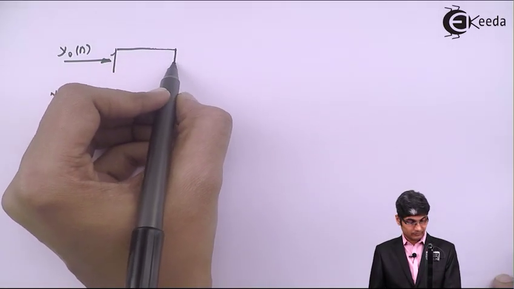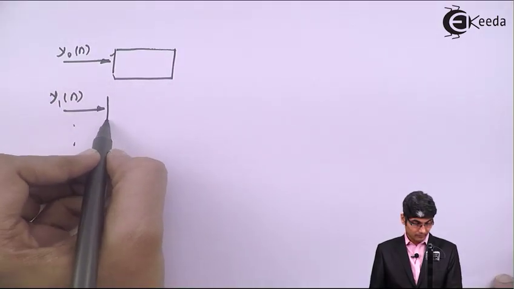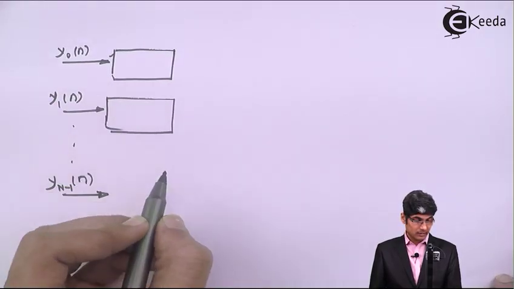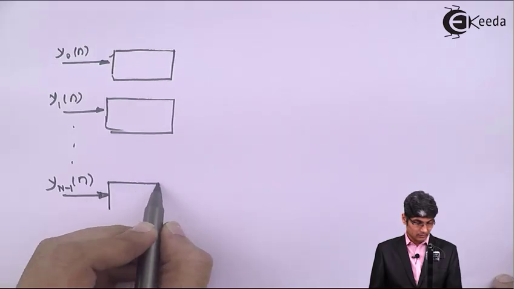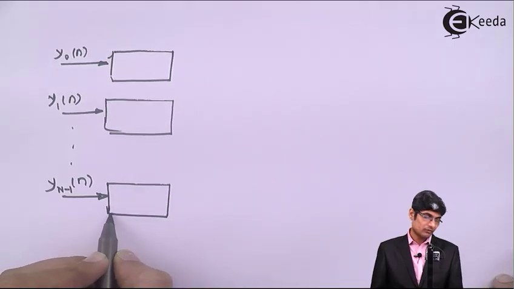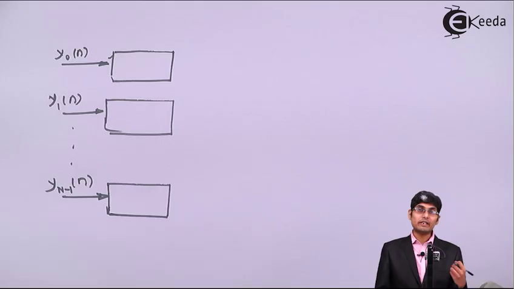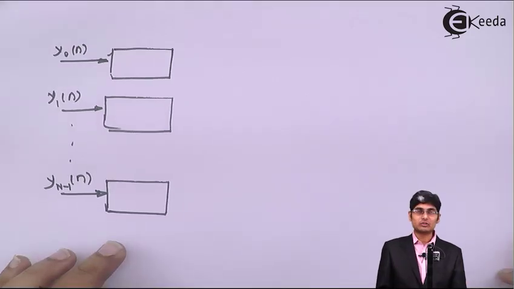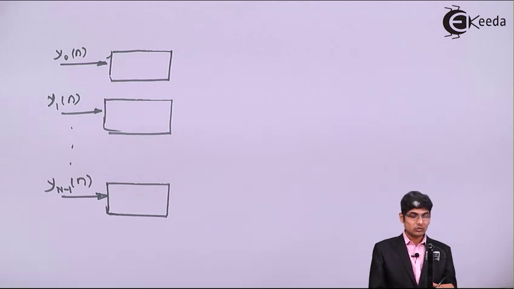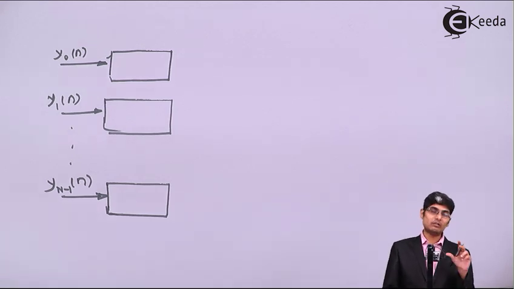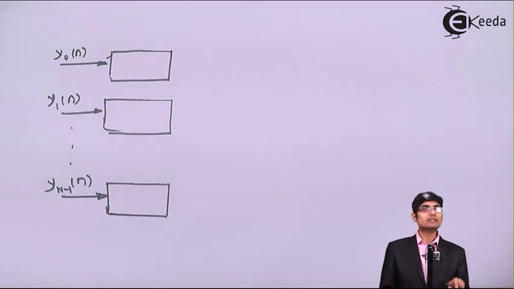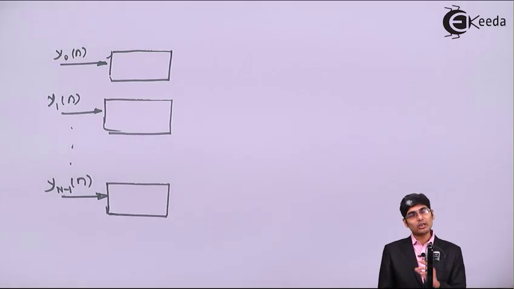First we will be passing them through what we did previously, we decimated. So what we have to do here is interpolate to get the original signal back. To interpolate, the factor by which I decimated the signal in the analysis bank, the same factor I will use to interpolate in the synthesis bank.